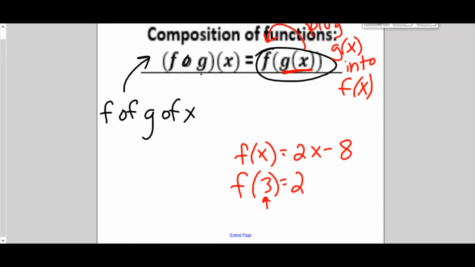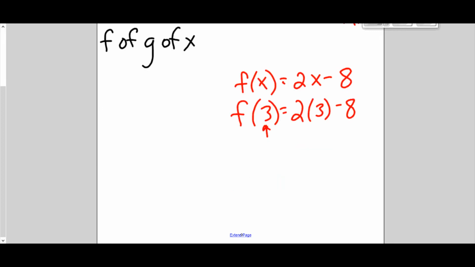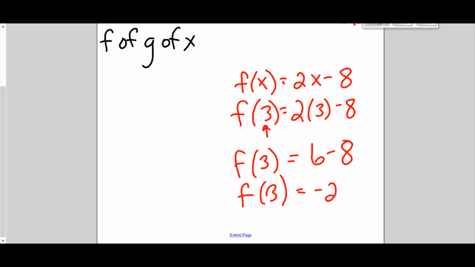So we said 2 times 3 minus 8, and then we simplified: f of 3 equals 2 times 3 is 6, minus 8, so f of 3 is negative 2. What we plugged in, our x value, was our input, and the value on the right was our output, our y value.